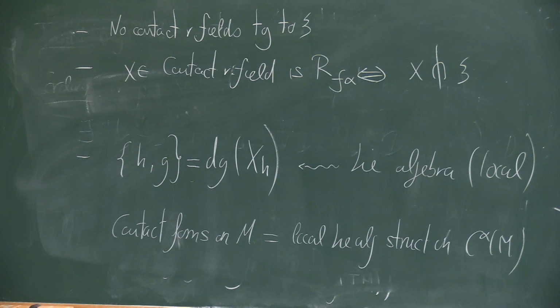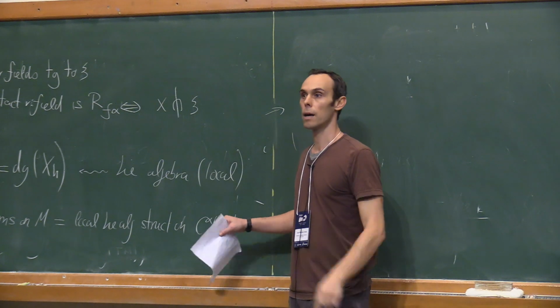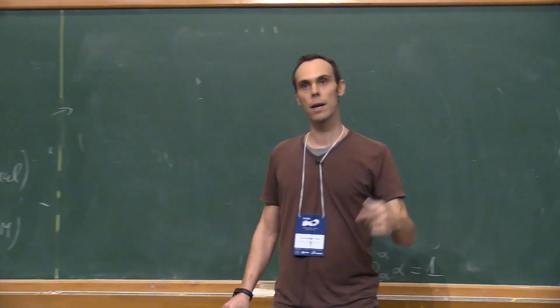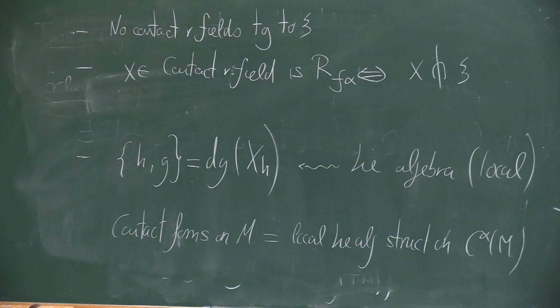Whenever you have these kinds of brackets, you can also look at functions with coefficients in a local system. In particular, you can recover non-coorientable contact structures by putting a local Lie algebra bracket on sections of the corresponding orientation bundle.